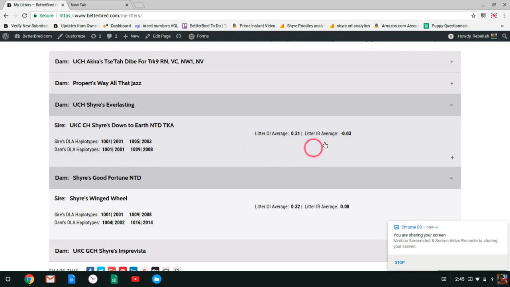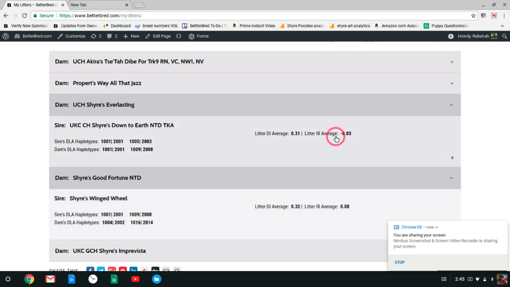So if we can just see the overall litter information here, you can see the DLA types for both are fairly good. These puppies here would be potentially homozygous for the most common for our breed here. This breeding would be heterozygous.